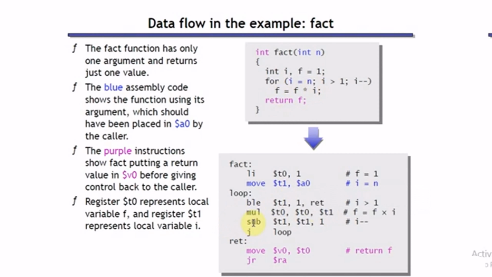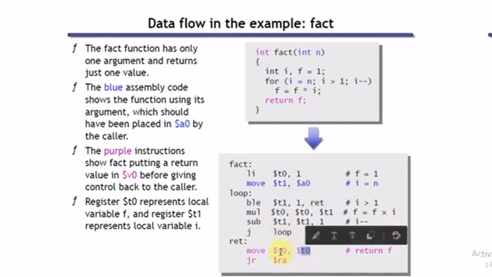Then we decrement 1 unit from the loop counter and jump back to the loop condition here. Again, if i is less than or equal to 1, we should go out of this loop. Otherwise we continue. So when we come to the return, the result will be inside $t0.